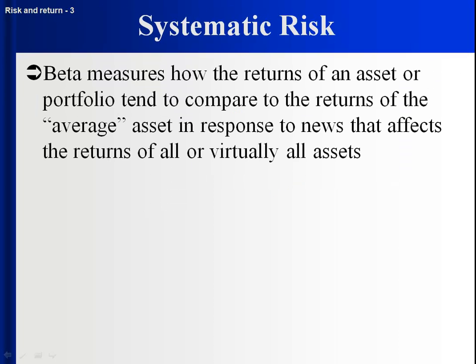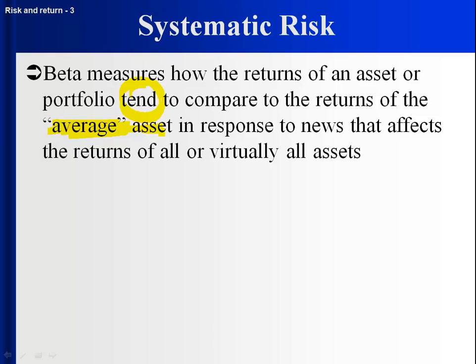What is beta? Beta is a measure that captures how the returns of an asset or a portfolio tend to compare to the returns of the average asset in response to news that affects the returns of all or virtually all assets.